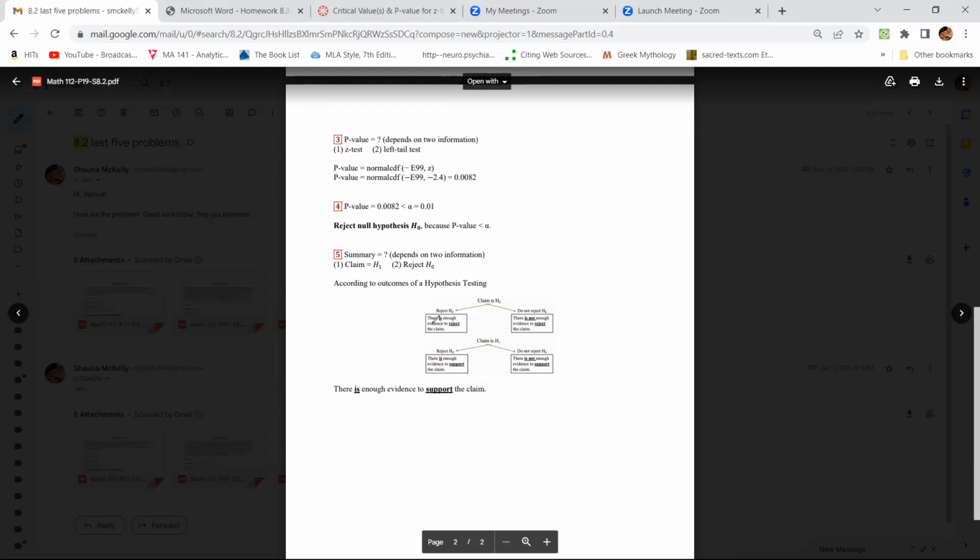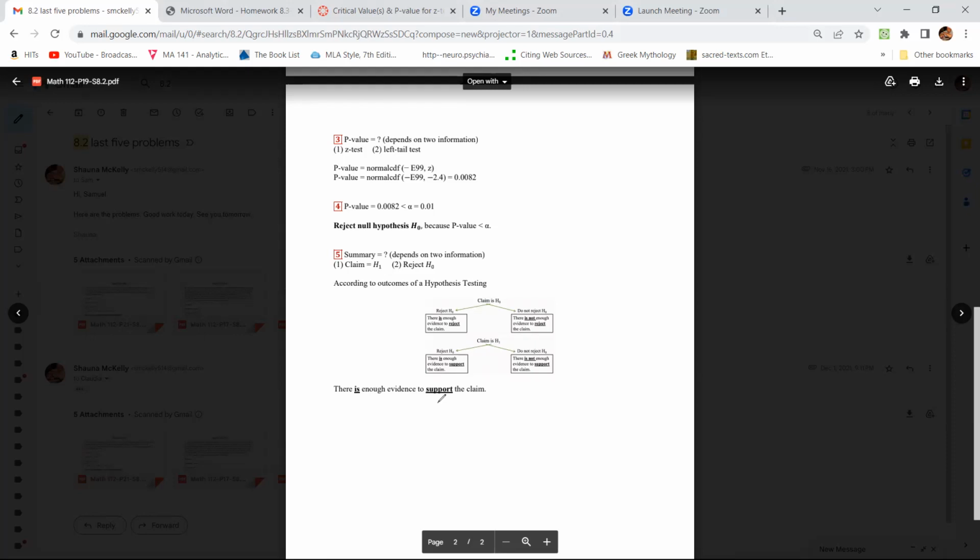So if our claim was our alternative hypothesis, that puts us in the bottom section. And if we rejected the null, then we're in this first box. So we're going to say there is enough evidence to support the claim, and you're going to underline is and support. Good job. And that's how p-values work.